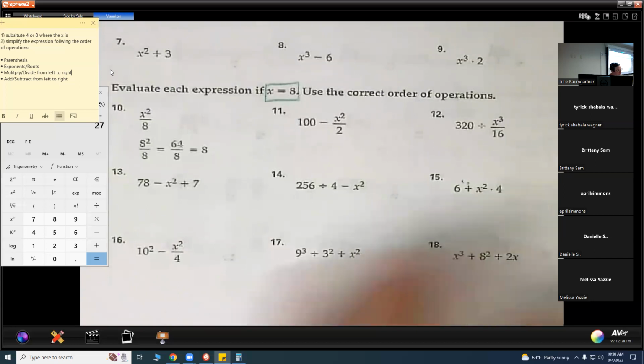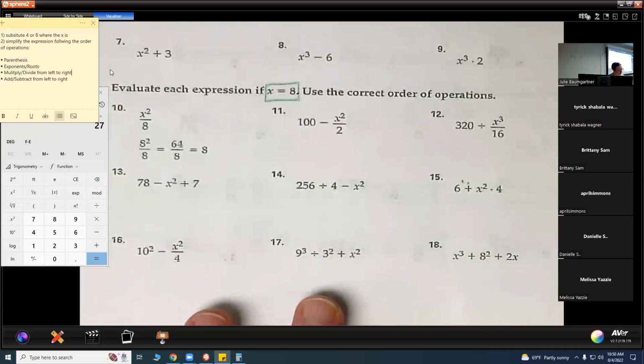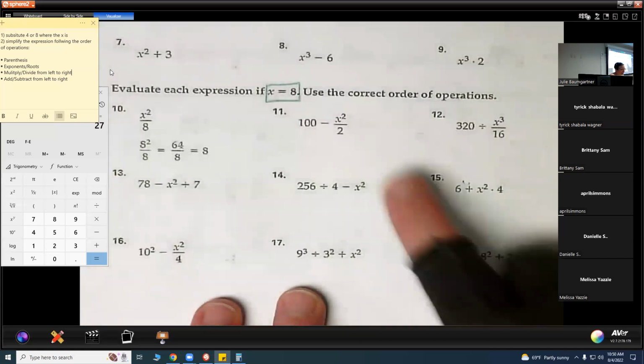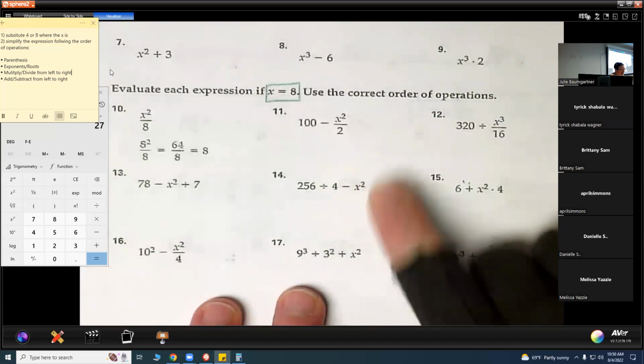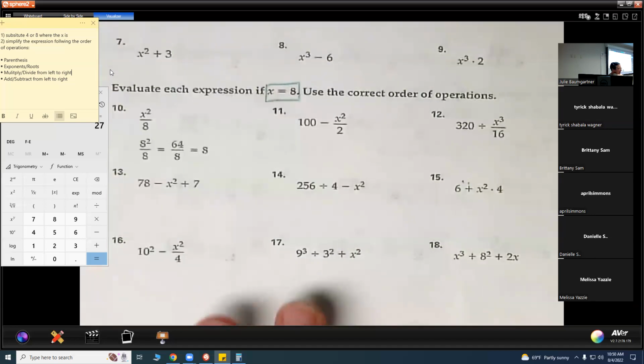I was dividing first before I do the negative, right? Yep, so divide 256 by 4 and then subtract it by x squared. Yep, good. X squared, and then divide, and then subtract.